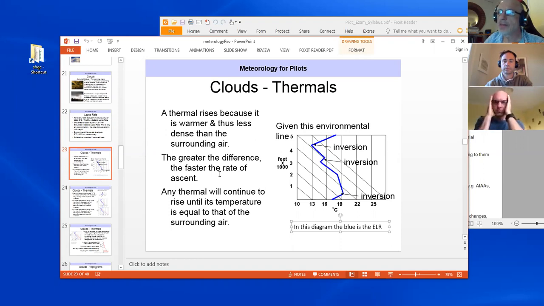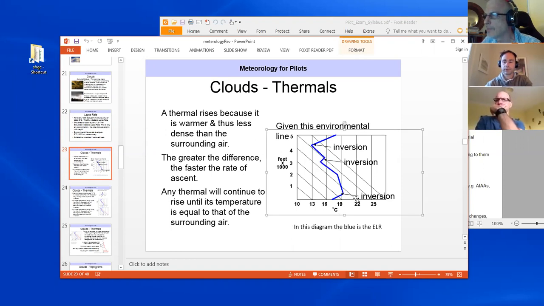Now, it says here, the greater the difference, the faster the rate of ascent. So the difference it's talking about, just for argument's sake, if we take these lines that run here from right to left, if they were thermals, then the distance between this line and the blue line is the difference it's talking about.